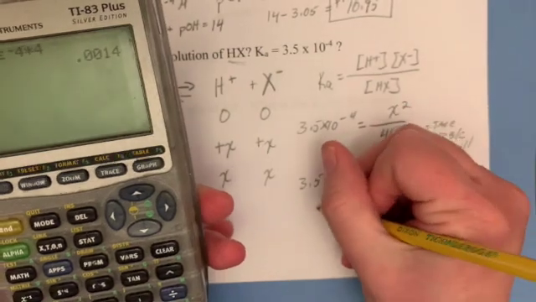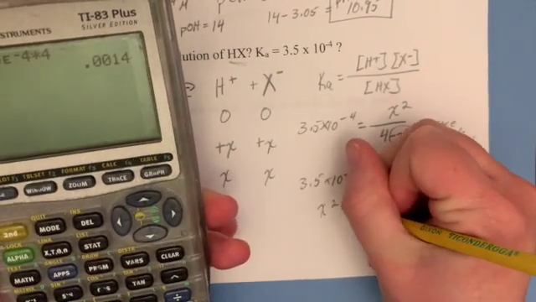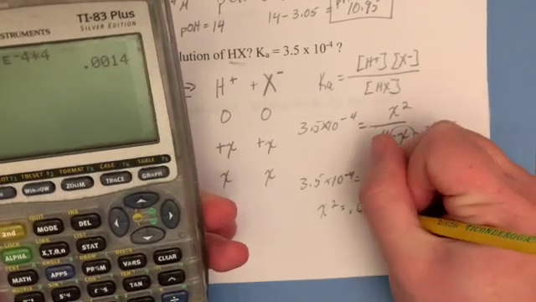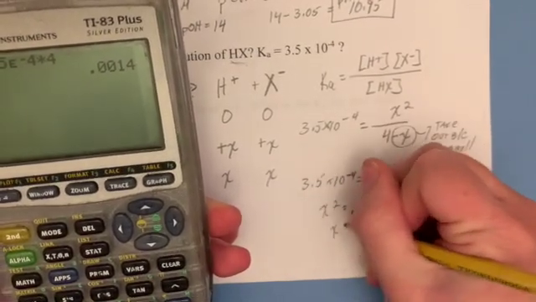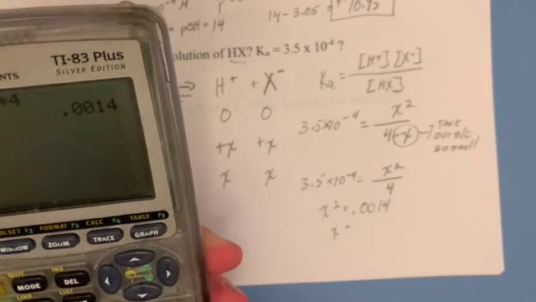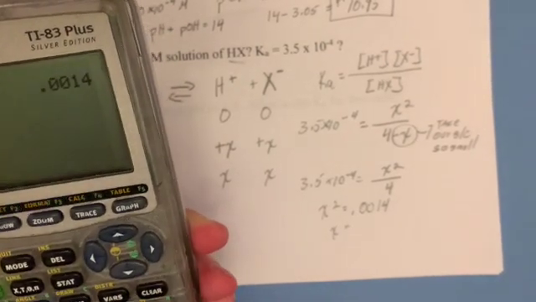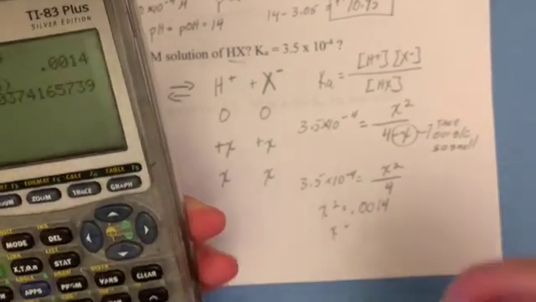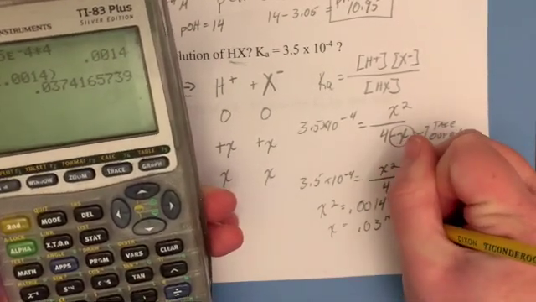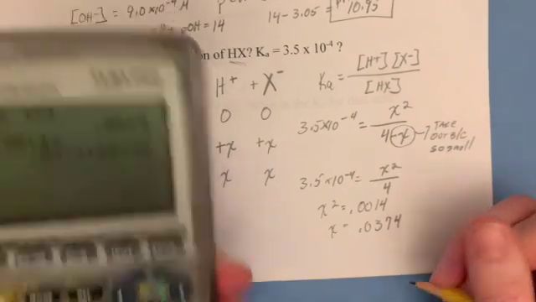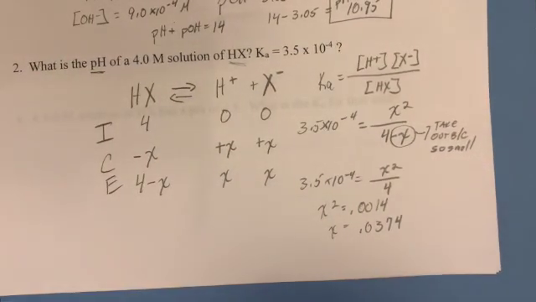So we're going to get that X squared is equal to 0.0014. We're going to take then the square root of that. Where's my square root button there? The square root of 0.0014 gives me X being 0.0374.